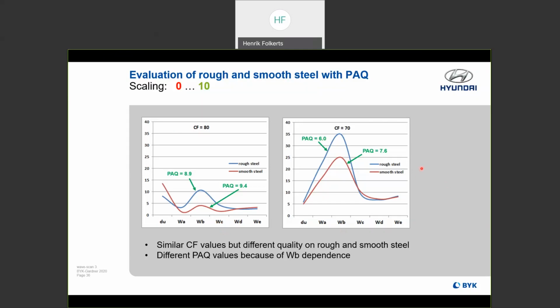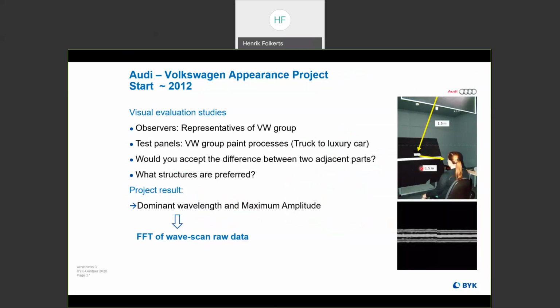So the third new scale, I will come to this Volkswagen Audi study, which they started in 2012. They had their representatives of the Volkswagen Group observing many samples. They had test panels representing their different process types, from truck to premium car quality, and that was a study based on a pair comparison.